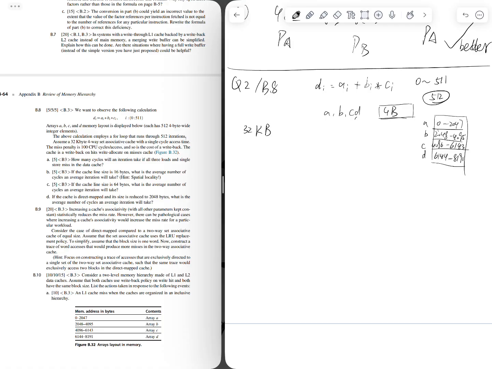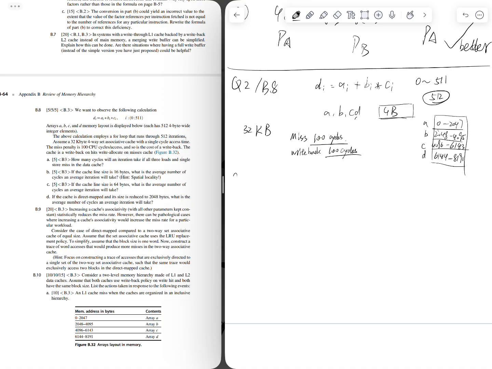The miss penalty will be 100 cycles, and the cost for a write back is also 100 cycles. The cache is write back on hit and write allocate on miss.